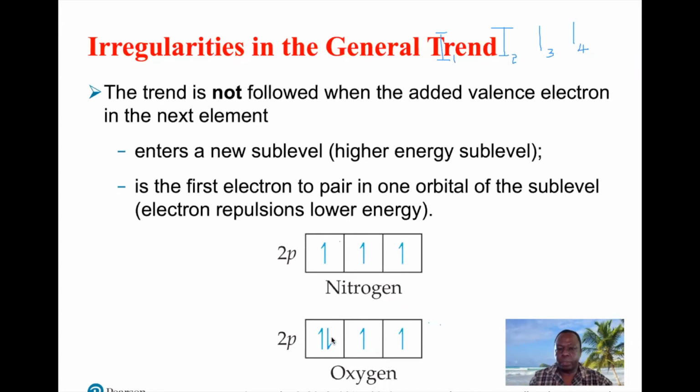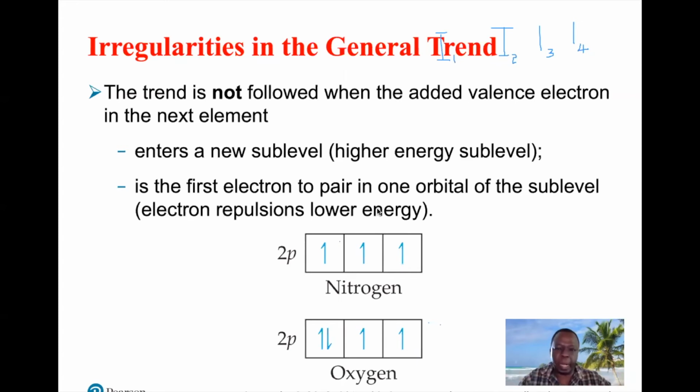So if it is paired up here, remember electrons are negatively charged and they tend to repel. If you are removing something which is being kicked out, it's very easy to remove, right? But here, there's no pairing, so we will need more energy to remove any of these electrons. But to remove here, it will be much easier because of repulsion.